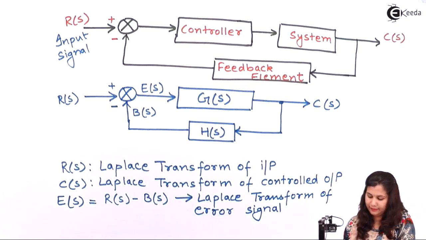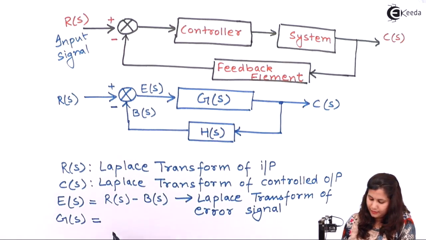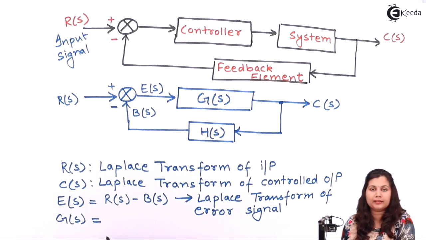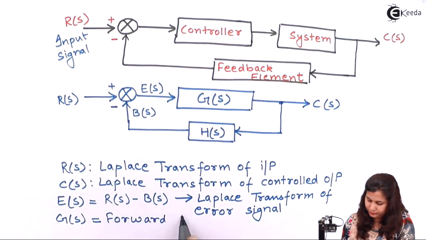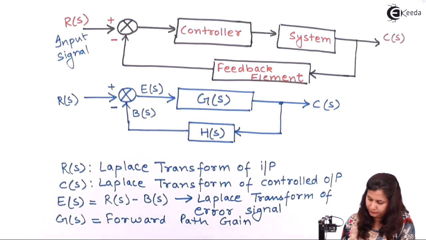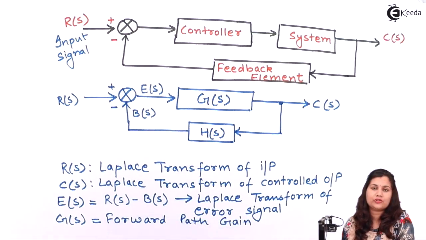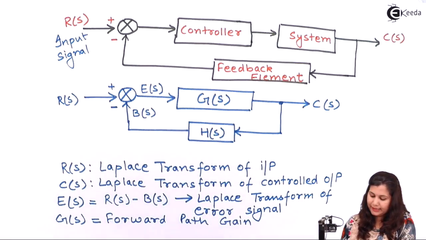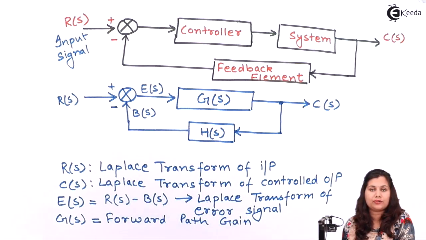G(s) is the forward path gain or transfer function of the system. H(s) is the transfer function of the feedback element, and B(s) is the Laplace transform of the feedback signal.